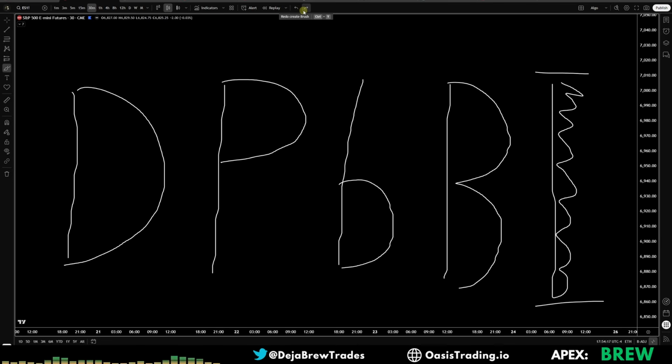Now, what I like to say about a capital B is not only do you want to look for where that secondary node is to figure out who is in control, you want to see how price is reacting to that LVN zone. Let's think about this, for example. Let's think about we started up here, so that's our first node. Then we are trading down here, that's our second node.